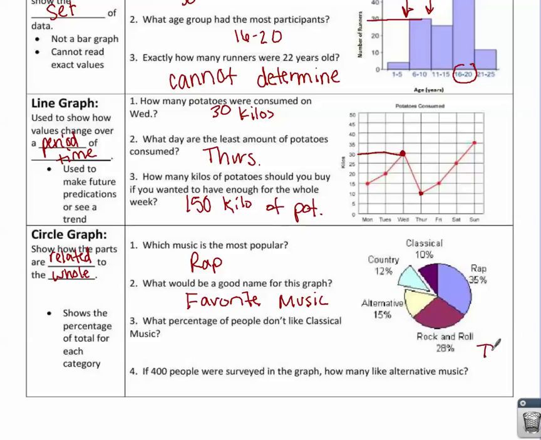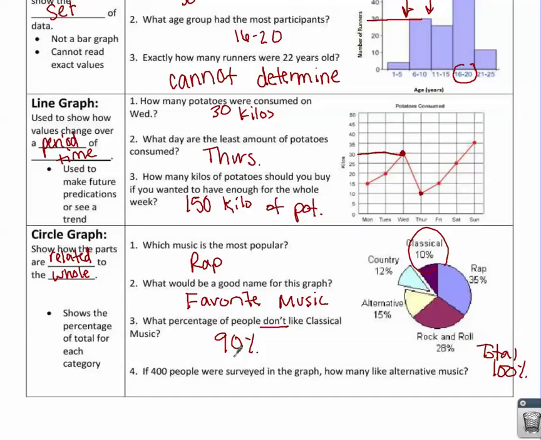So you're going to have to figure out the total percentage of all of these. You're going to have to add up all your percentages to get 100%. So if 10% of them like classical, the people that do not like classical are going to be 90%.